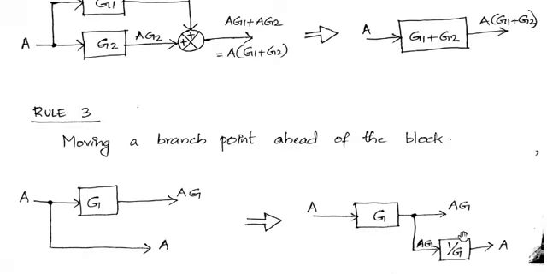Based on that, you have to make the appropriate changes over here. So this 1 by G has come here just because the gain in this block is G. If this is something else, based on that we have to make the necessary changes.